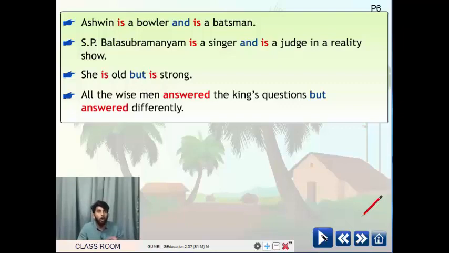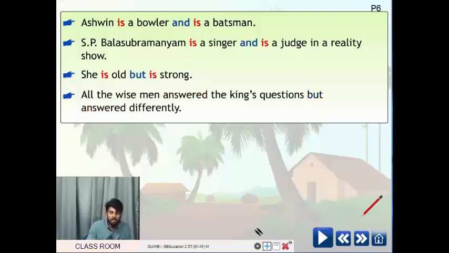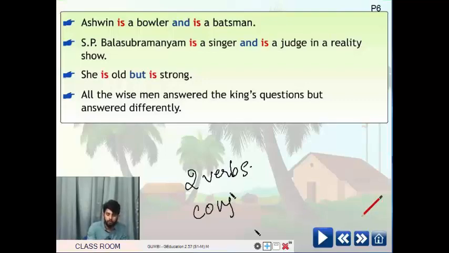And all the wise men answered the king's questions but answered differently. So in all these sentences we have two verbs and we have a conjunction or connector.